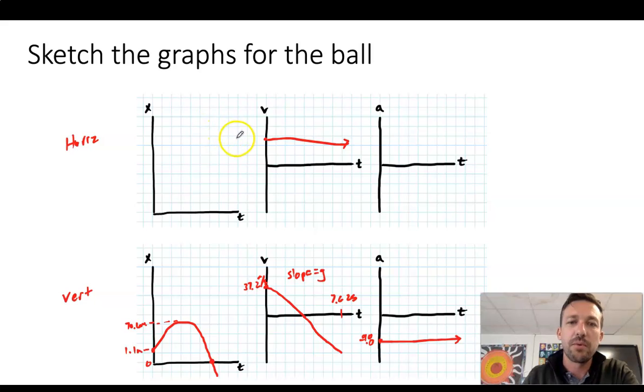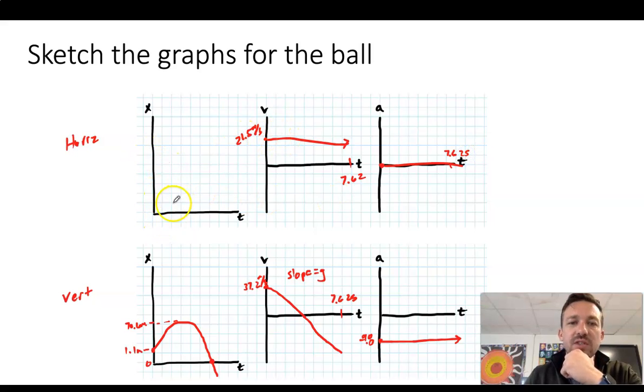But it's 21.5 meters per second, right? And then you could put the time, it stops at a time of 7.62, right? Okay, the acceleration. Well, remember the velocity doesn't change, so there is no acceleration. So it just goes there. It stops at 7.62 seconds as well.